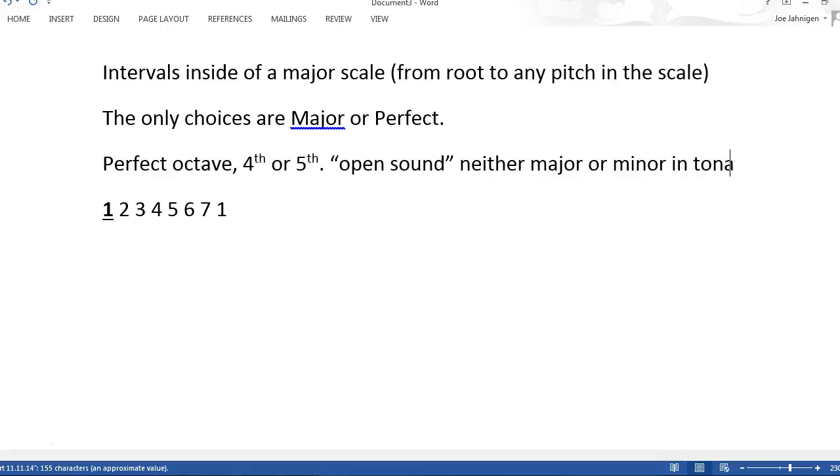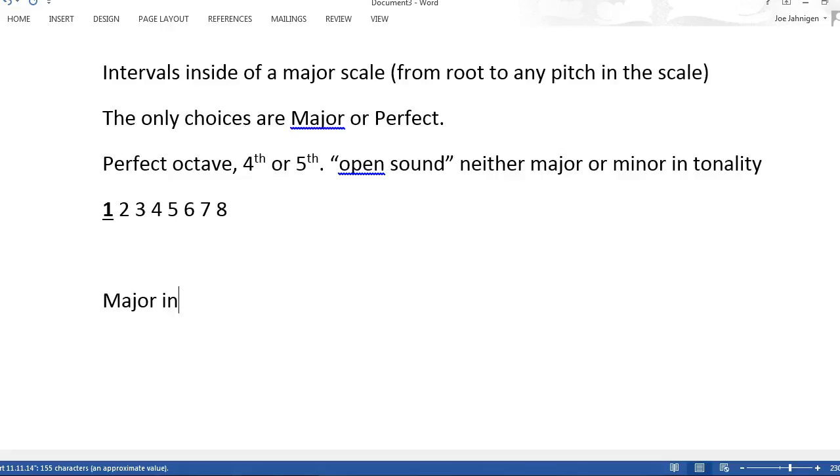So that means you don't get a sense of what type of chord it is coming from just those two notes. If you just play 1 to 4, which would be a fourth, or 1 to 5, which is a fifth, or 1 back to the 1 at the top, or you can call it 8 if you want. That's an octave. You can't tell whether it's minor or major.